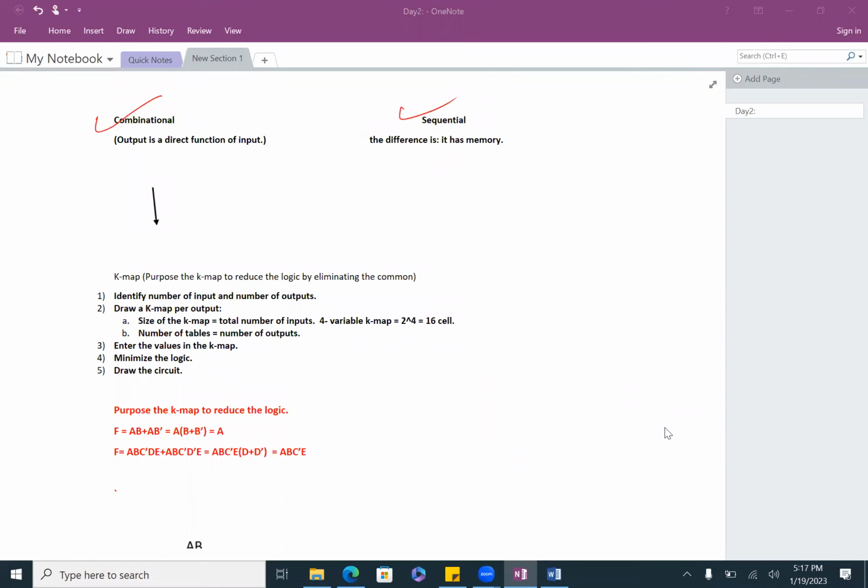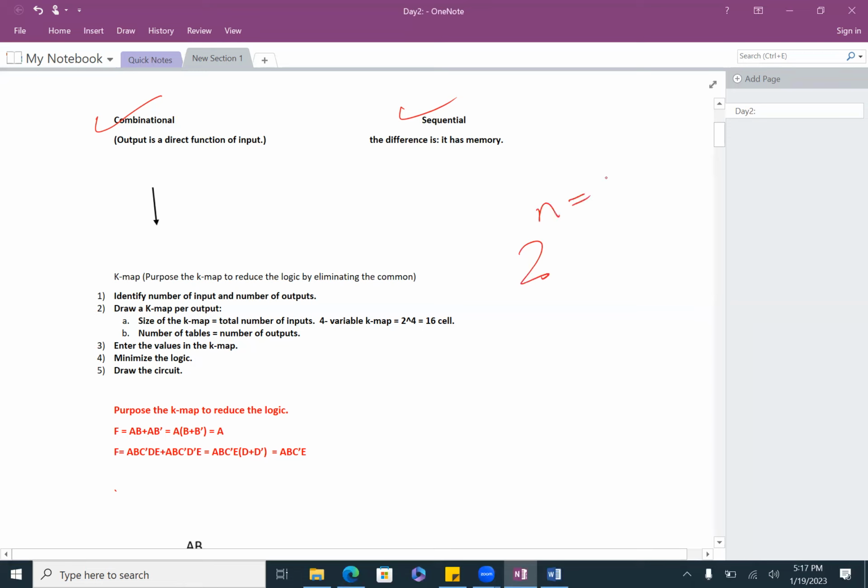Because, if you remember, what is the size, or how many K-map tables do we need for a design? The number of tables we need is equal to the number of outputs. So that's not an issue. Usually our outputs are not too many, but they're tables, so you can divide your problem into tables. The problem is when your input is more than 6.